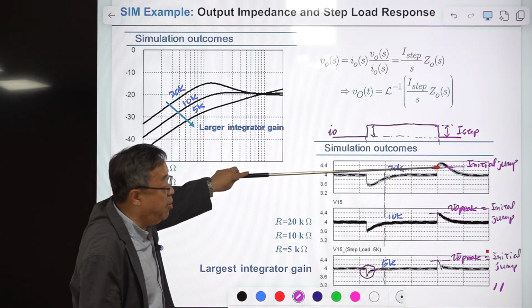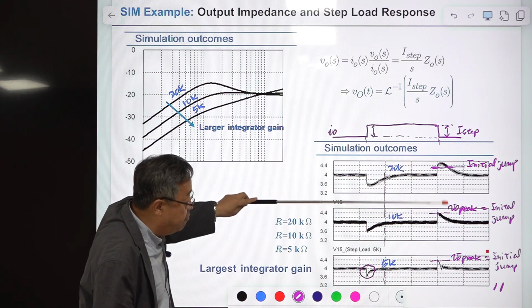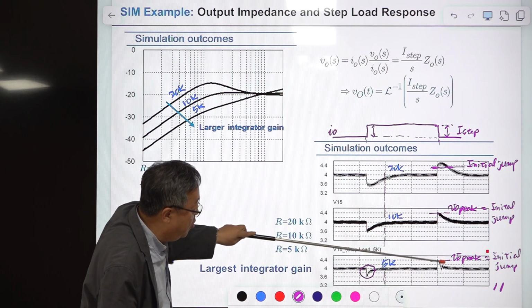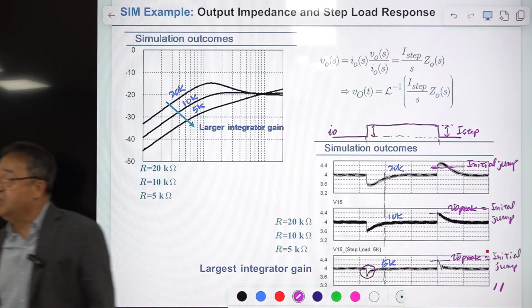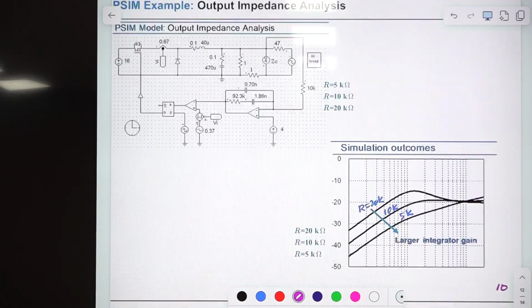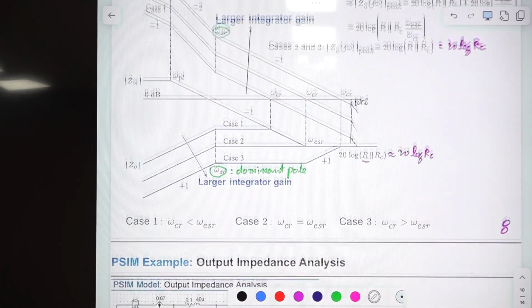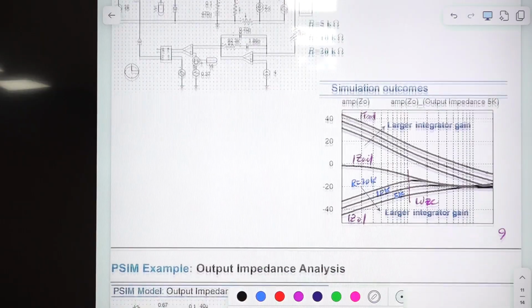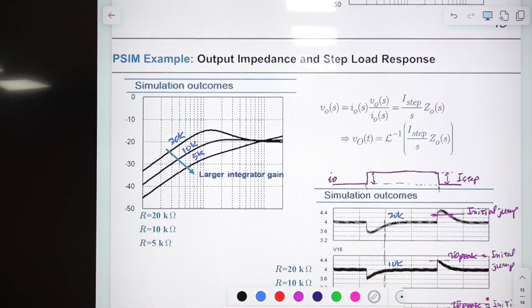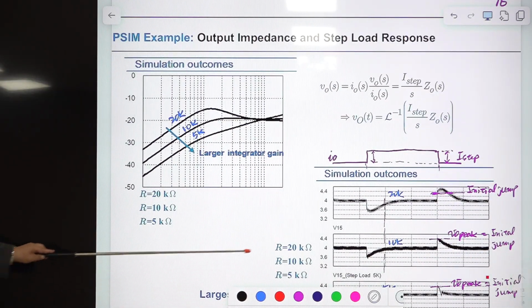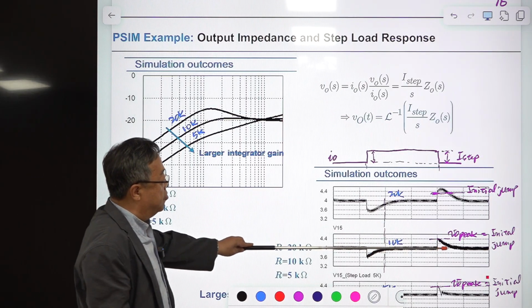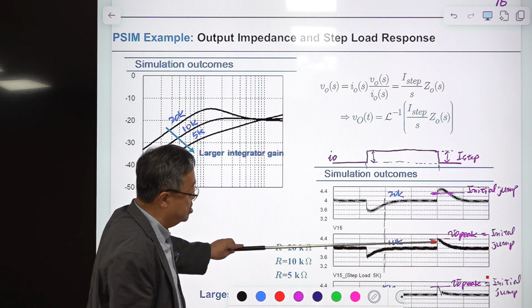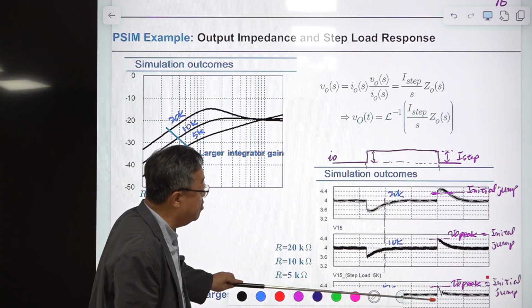So in terms of peak value, this is the worst. And peak value, this one and this one, they are the same. Because the peak value of this output impedance was the same for the case 2 and case 3. Because of that, the step response maximum deviation of output voltage is the same here, okay.